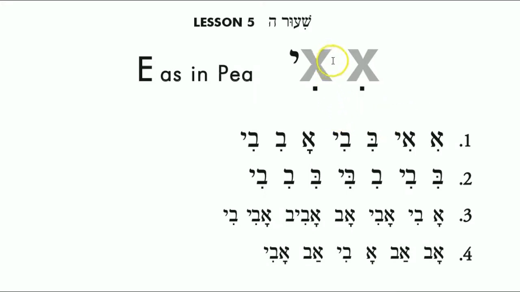So too in Hebrew, the Yud, a letter we'll get to in a future lesson, sometimes stands in as a vowel, and it has the E sound as well. So for now, the chirik alone is one way of writing it, and the chirik with a Yud is another way. Both of them have the sound of E.